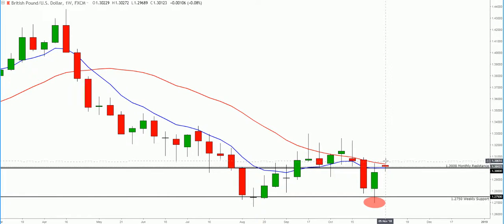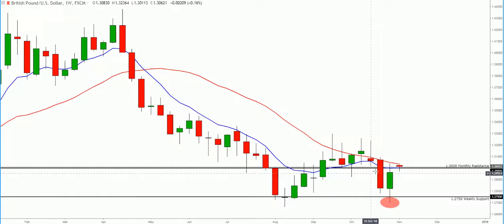So if we do break above these moving averages, we will be looking at 1.32 and 1.3250 with a continuation of the bullish momentum. However, with continued uncertainty, we may see a break back below this region, which could take us back down towards the 1.2750 weekly support level.